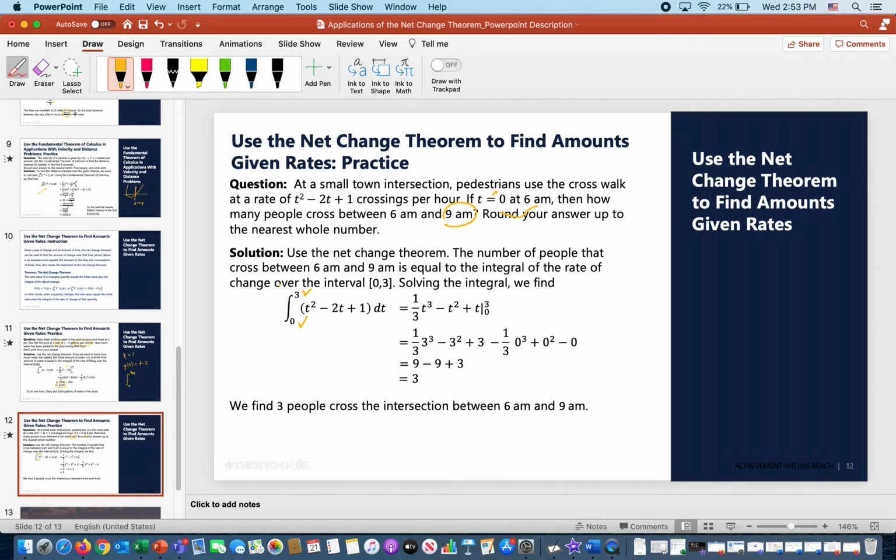The interval that we're looking at is a total of 3 hours. And then again, that keyword rate is what's important. That's the thing that we're going to take the antiderivative of. And so if we plug those values in and simplify, we get a total of 3. 3 people cross the intersection in those 3 hours.